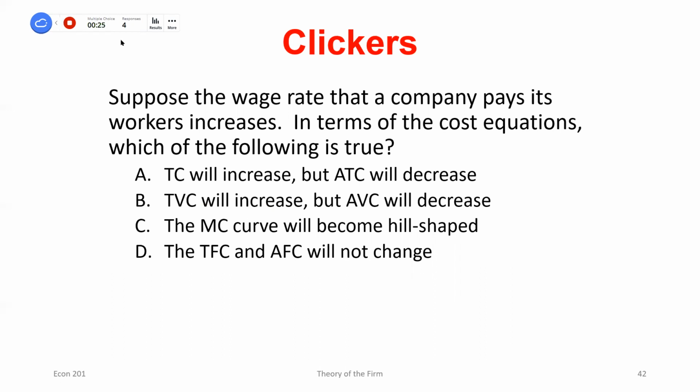That's one of the things we said is variable, the number of workers we hire, so that wage rate should be a variable cost. If that wage rate increases, which of the following would be true? That's going to impact some costs and not impact others.